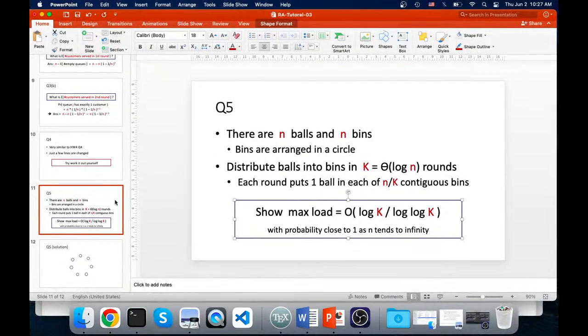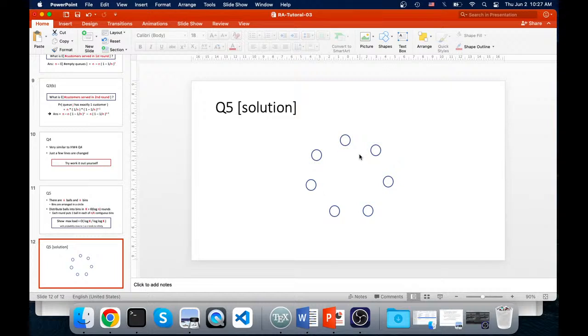Okay, let's use this figure to help us. Suppose that these are the k bins that we have selected. Now recall that each round we are throwing n over k balls into n over k contiguous bins. So what does that mean? Each round there will be exactly one of these representative bins to have one ball coming.